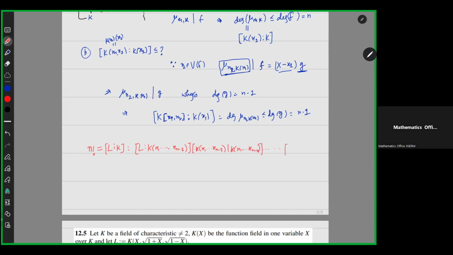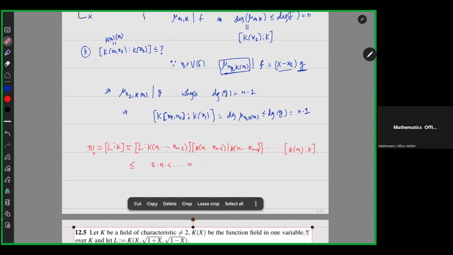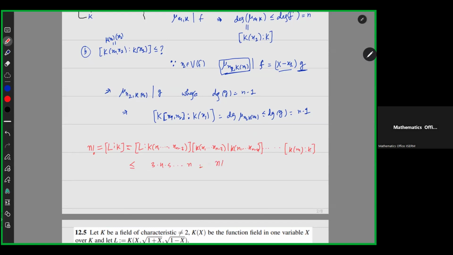And lastly, we have [K(x1):K]. This is less than or equal to 3 into 4 into 5 and so on up to n, and this is nothing but n factorial by 2, and this is a contradiction.